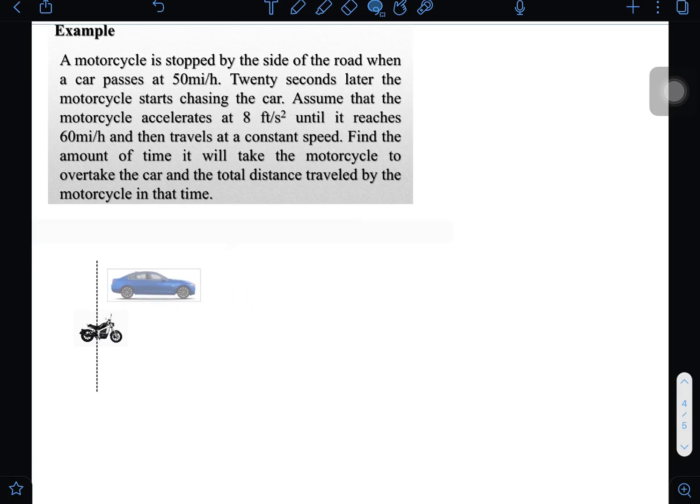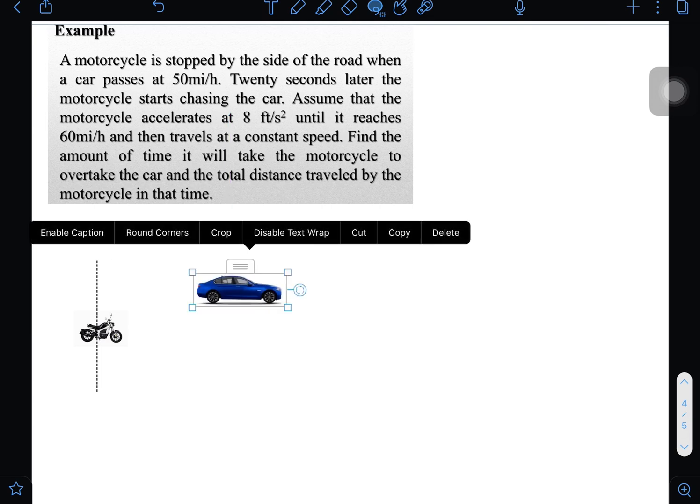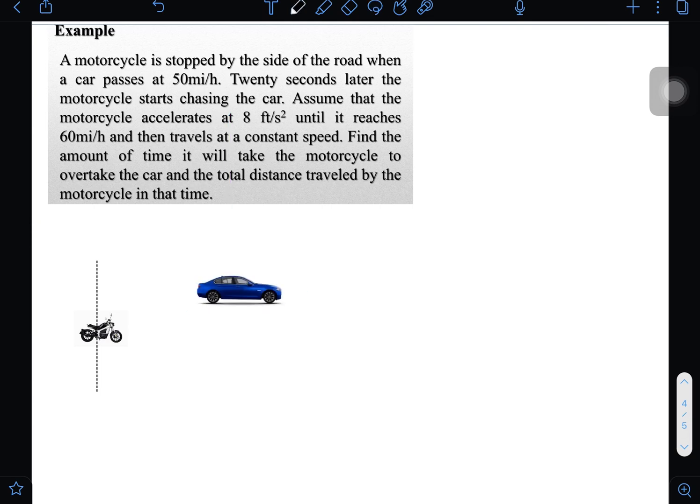So, as soon as it passes, after 20 seconds, say, for example, this is the position after 20 seconds. This is now the reference of 20 seconds. So, this is the time elapsed. Time equal to 20 seconds.